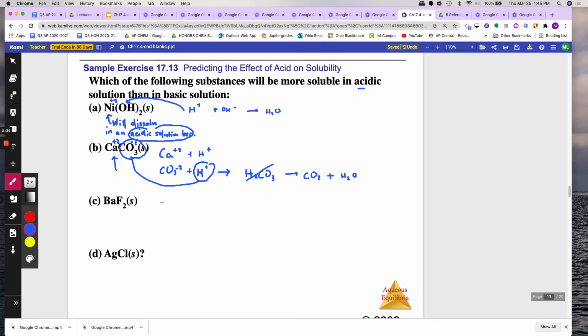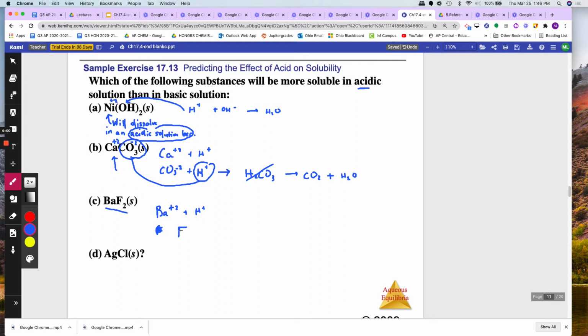Okay. How about BaF2? Will it be more soluble in acidic solution than in basic? Okay, so let's see if this will be soluble in acidic. Ba plus 2 plus H plus, nope, nothing will happen. 2 F minuses plus H plus.